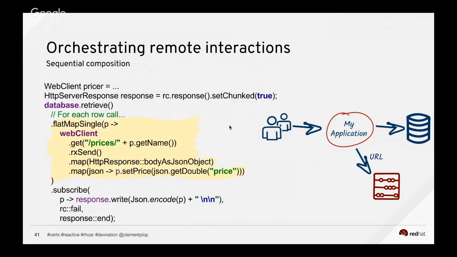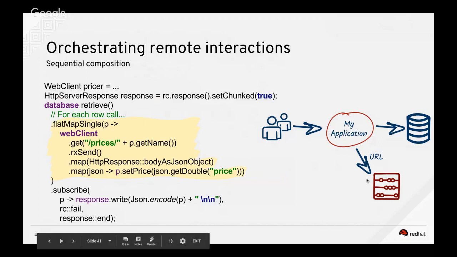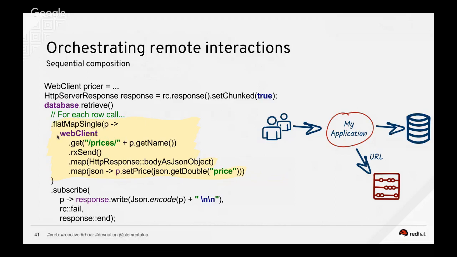But what about calling my pricer here? Let's have this first version where this is a web or REST service, or an HTTP endpoint, and I'm going to use the Vert.x web client for this. When I retrieve my products, so this interaction here, for each product I'm going to call my pricer using my web client. It's just a Vert.x HTTP client.